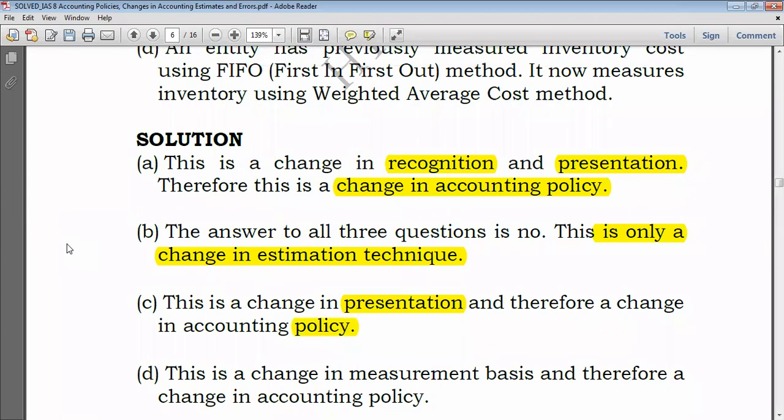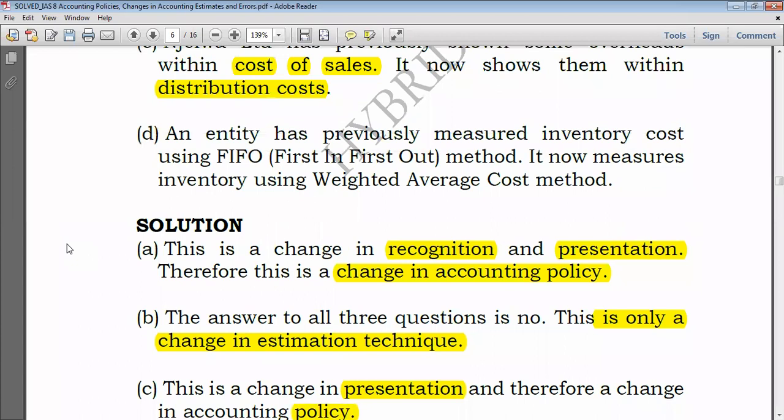Let's finish up. Let's just go to a last example, and then we will come for further examples. An entity has previously measured inventory cost using FIFO. You know, this is actually measurement. So measurement was under FIFO. It now measures inventory using the weighted average cost method. It now uses AVCO.